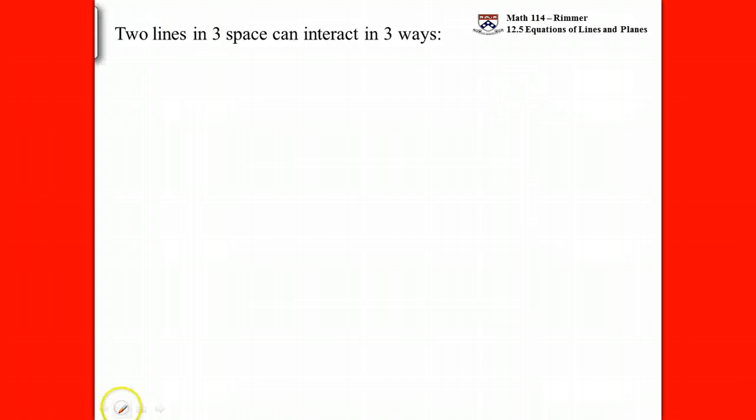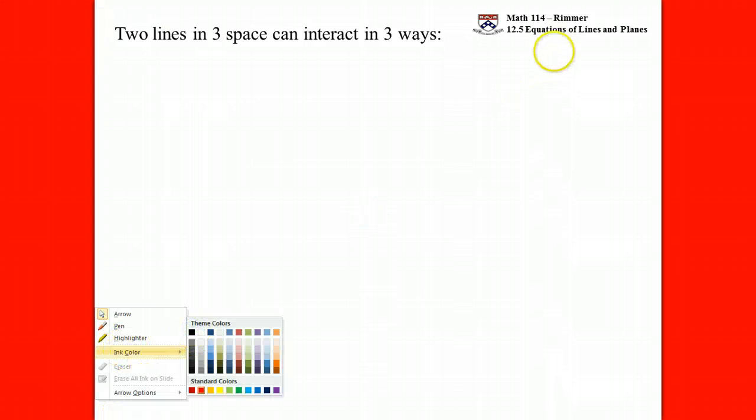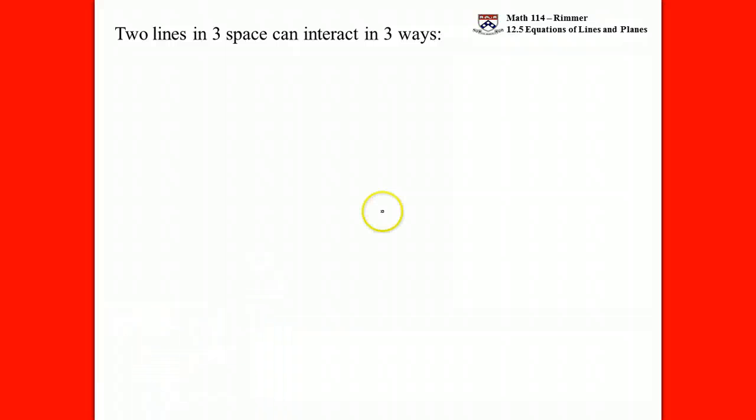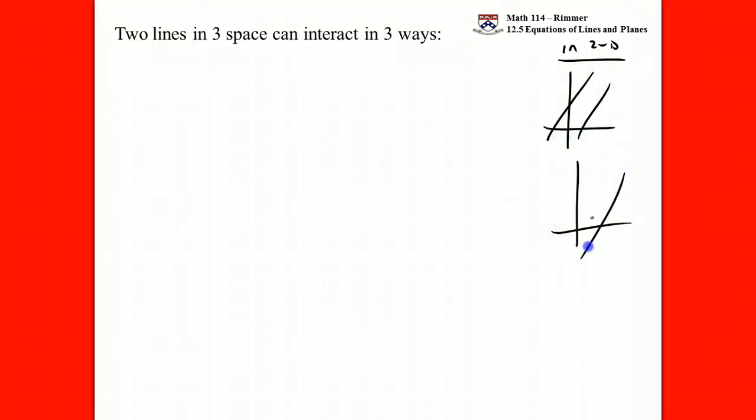So then when you have 2 lines in space, remember, think about 2D. When you had 2D, back on the plane, either your lines were parallel, they had the same slope, or they intersected in some point, or there was a third option where the second equation is just a different form of the first equation, and the lines are basically one on top of the other.